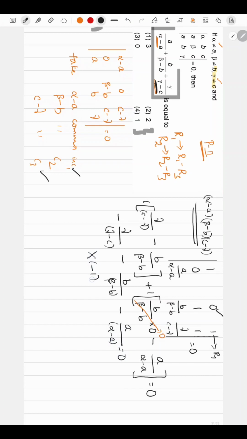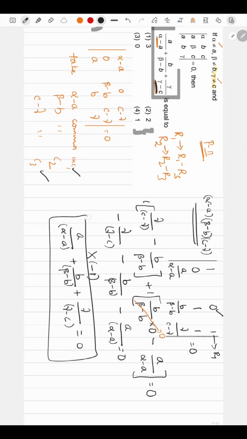Multiply negative sign on both sides and write in proper order. A by alpha minus A plus B by beta minus B plus gamma by gamma minus C, which is equals to 0. This is the final answer for this particular question. 0 is the final answer.